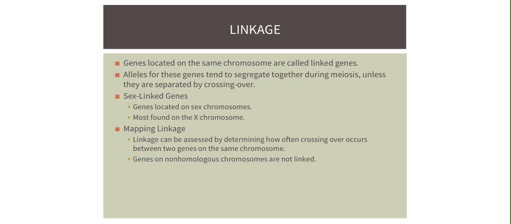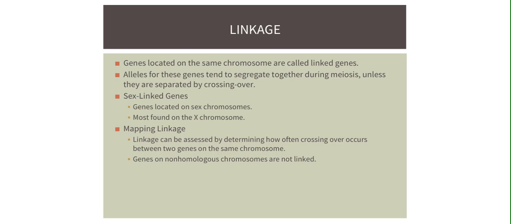There has been significant research in the past and even now that maps different genes, creating what's known as linkage. Basically, linkage can be assessed by determining how often crossing over occurs between two genes on the same chromosome.